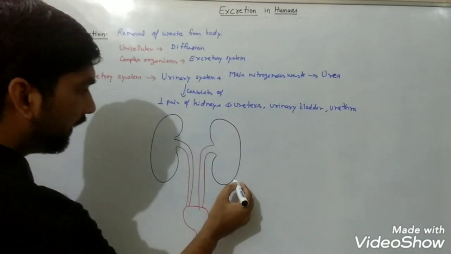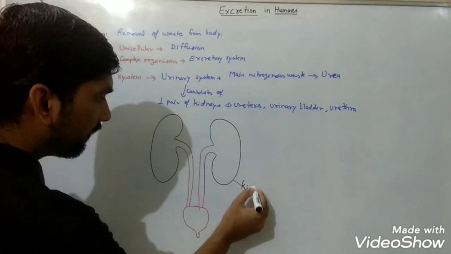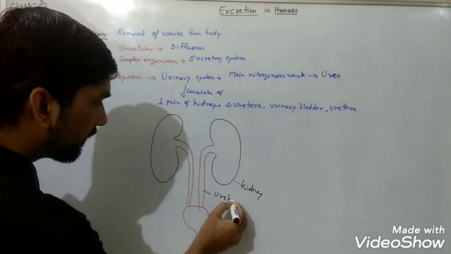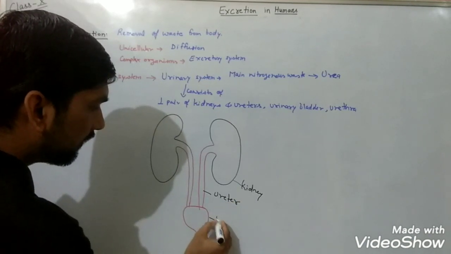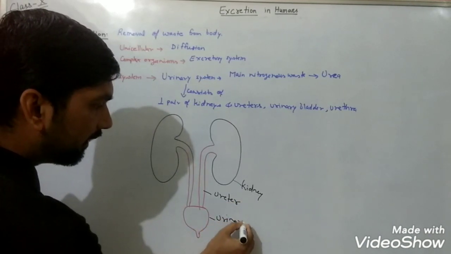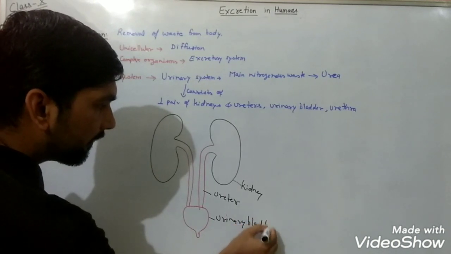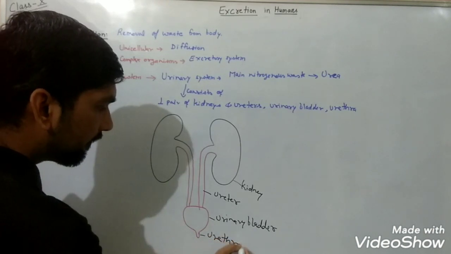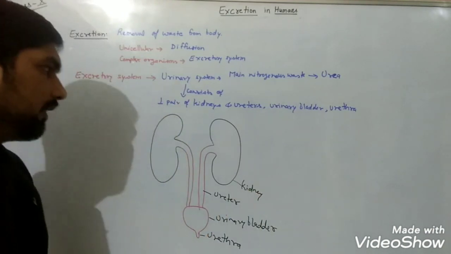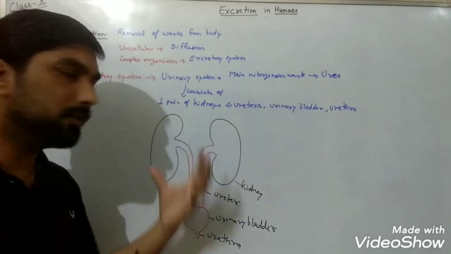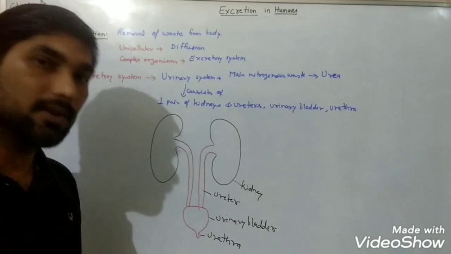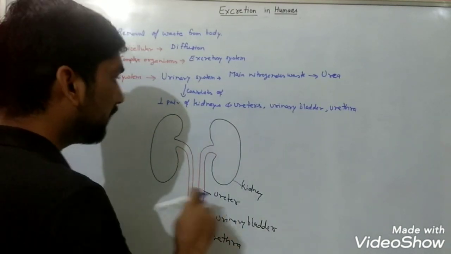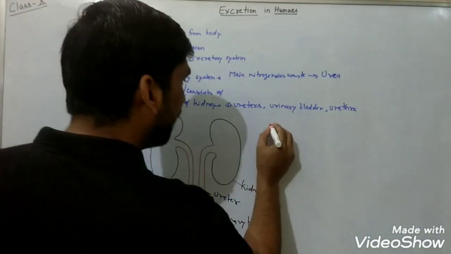So it is kidney, ureter, urinary bladder, and this opening is urethra. So kidneys perform the function of filtration of blood, and actually these kidneys have a unit that is known as the unit of kidney.